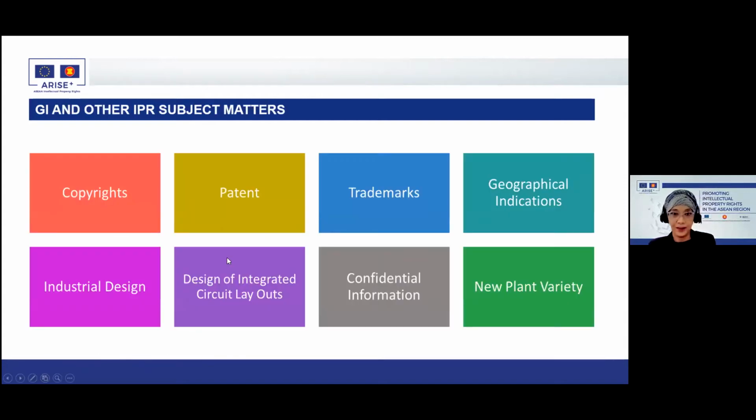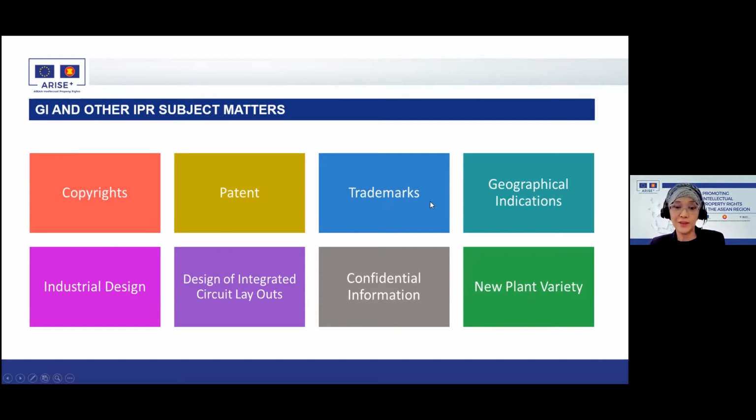So these are the IP, or intellectual property, subject matters substantiated by the TRIPS Agreement. Firstly, copyright. Secondly, patent. Thirdly, trademarks. Fourthly, geographical indications. Fifthly, industrial designs. And then design of integrated circuit layouts, confidential information, and new plant variety.